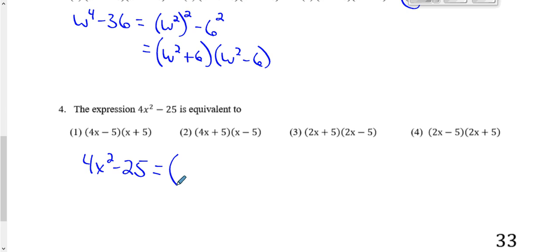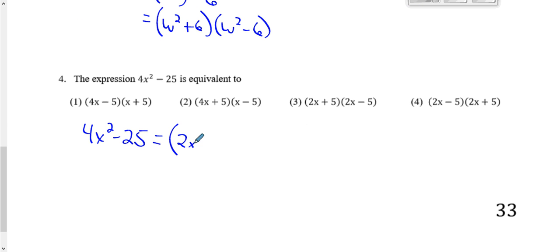So what is it? Plus, either one. I was like the plus first, but it doesn't matter. Times minus 5. 3 and 4 are the same. What's the difference between 3 and 4? It doesn't matter. 2x plus, that might be a typo. Yeah, I think this is a typo.